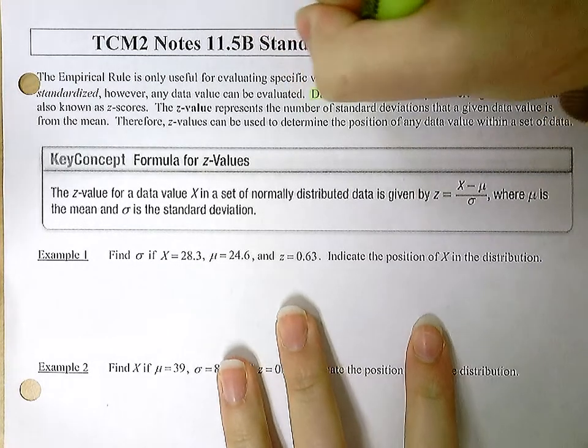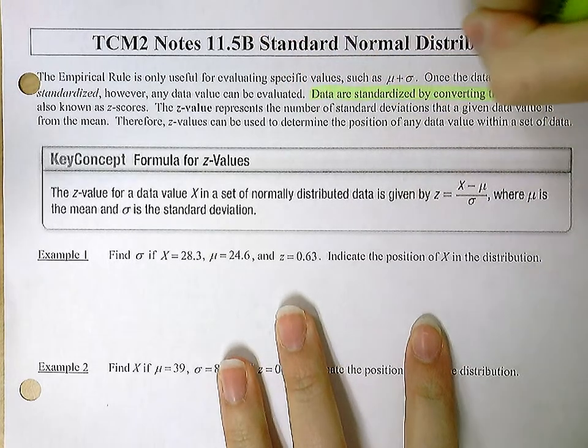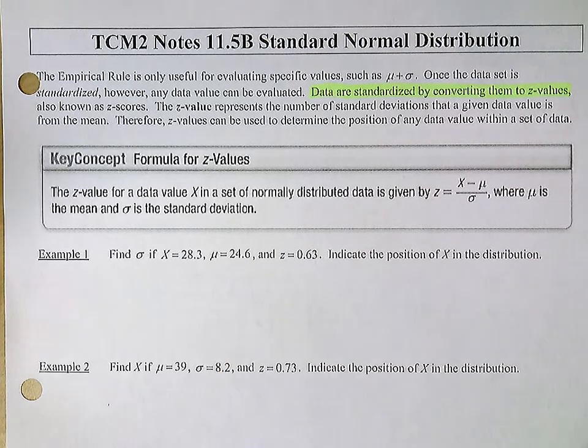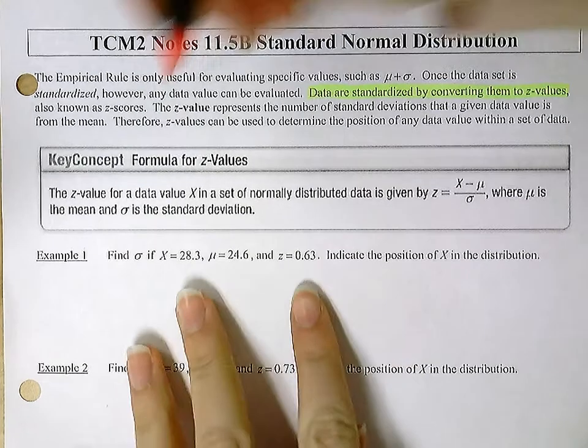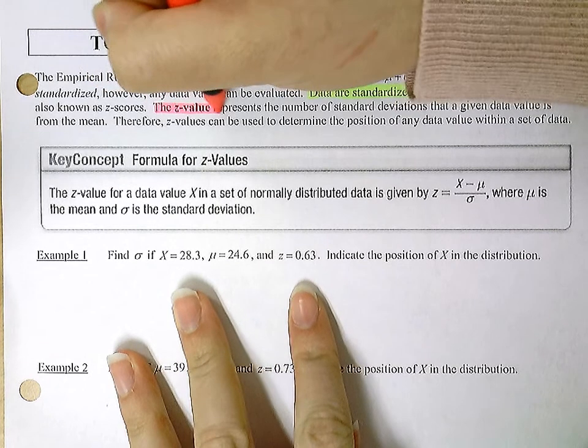The data is standardized by converting them to z-values, also known as a z-score. The z-value represents the number of standard deviations that a given data value is from the mean. That part is important.